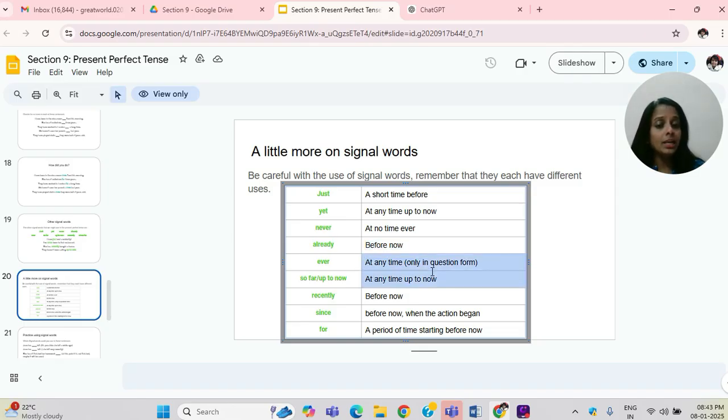At any time, only in question form, then ever will come. At any time up to now, so far, or up to now, these signal words may come. Before now means recently. Before now, when the action began, so we obviously know it's since. And when we are talking about a period of time starting before now, then it's for.